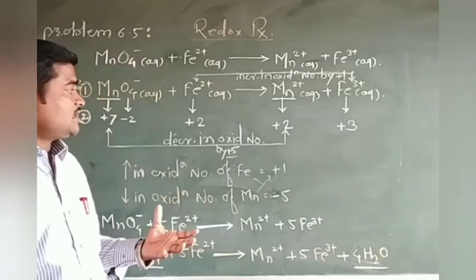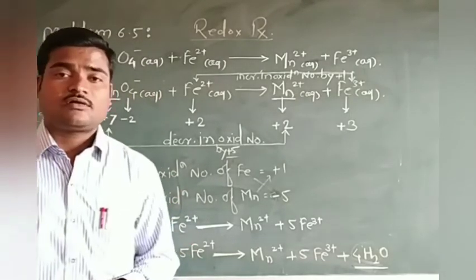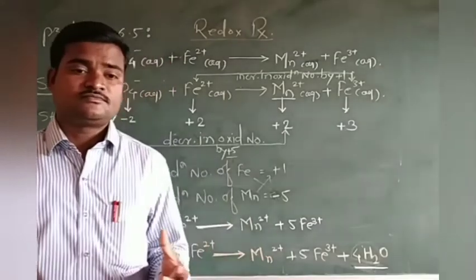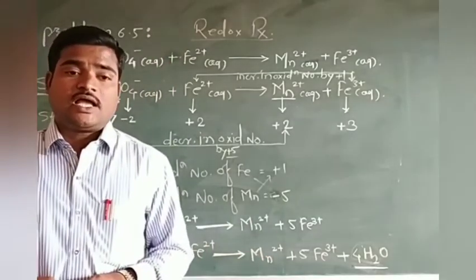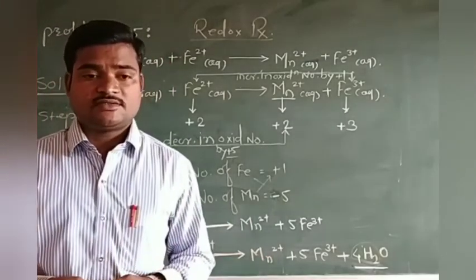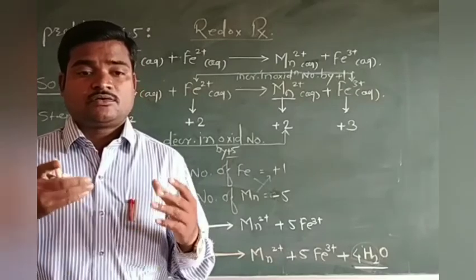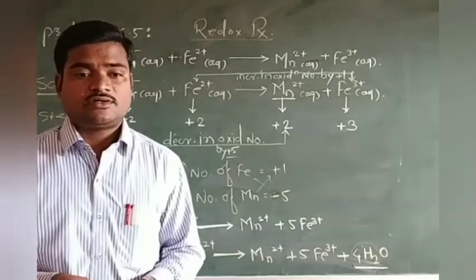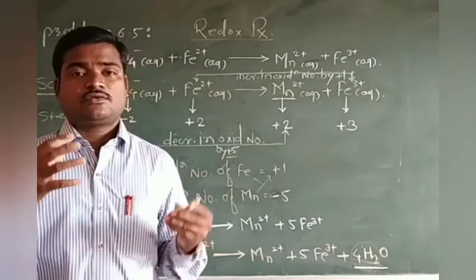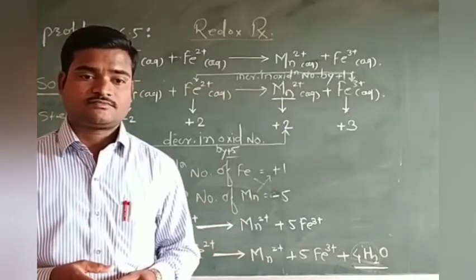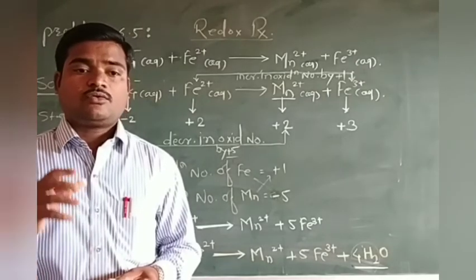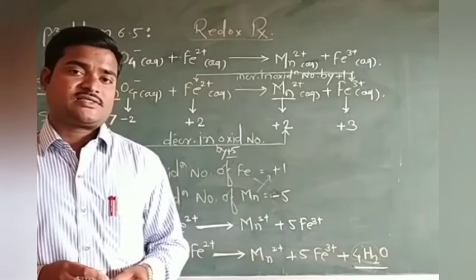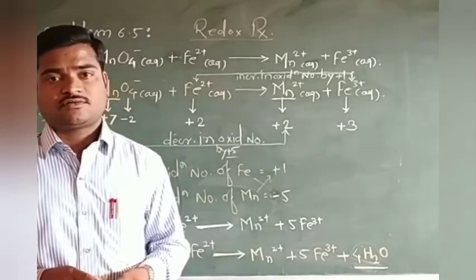Now the next step, that is step number 4 of this problem, is very important. As the medium is acidic, to make the charges and the hydrogen atoms equal on both the sides, we have to add 8 H plus ions at the left hand side of the equation.